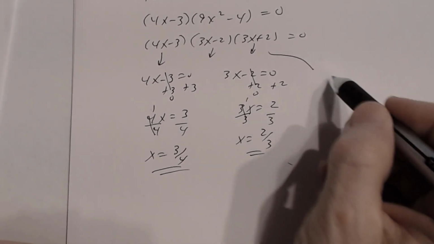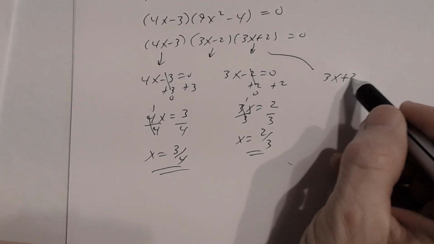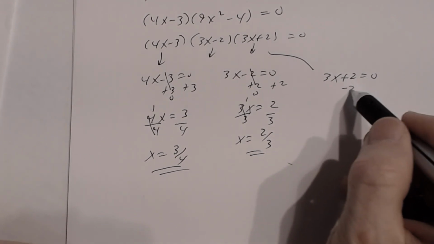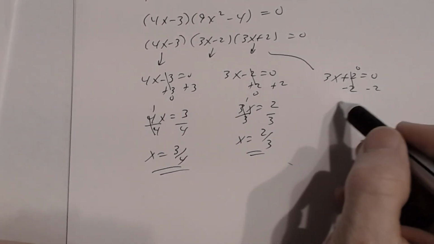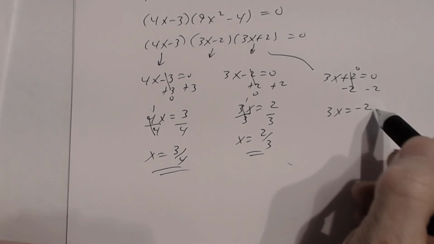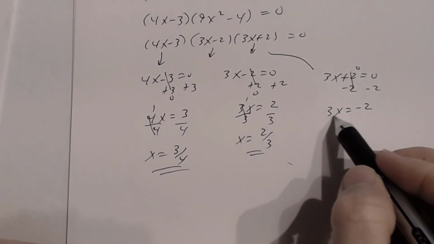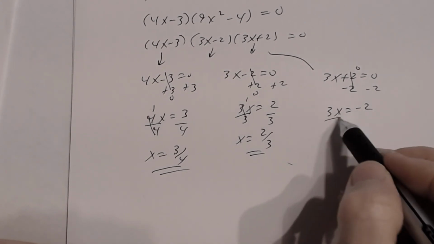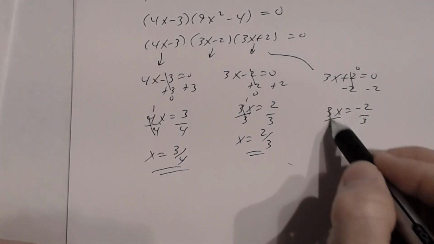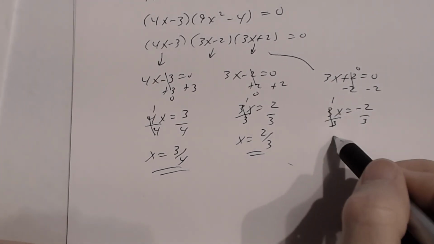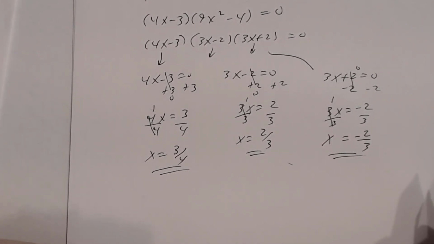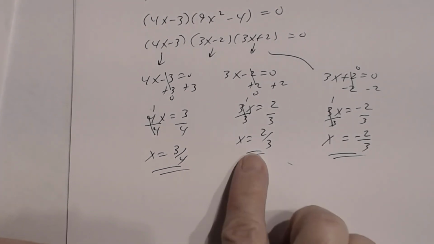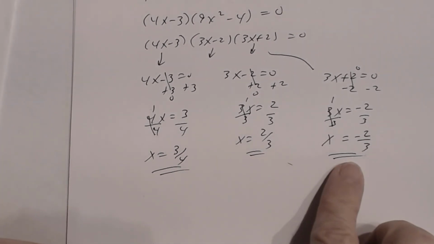And over here, we get 3x plus 2 equals 0. Subtract 2 from both sides. Combine like terms, that's 0 right here. So you get 3x equal negative 2. So to get x by itself, right now you're multiplying by 3. The opposite is to divide by 3. And so 3 divided by 3 is 1. 1 times x is x. So you get x to be negative 2/3. And so those are your three solutions: 3/4, 2/3, negative 2/3.